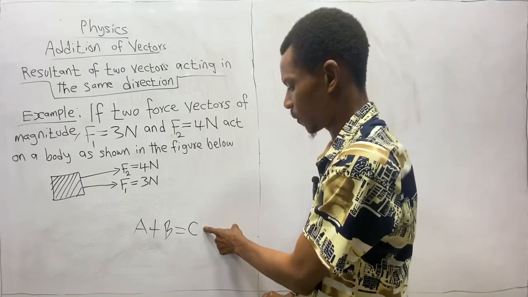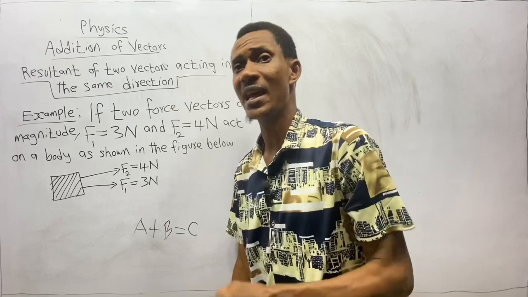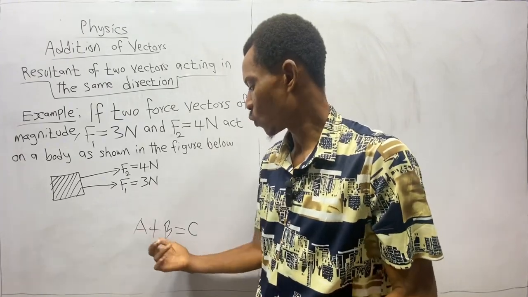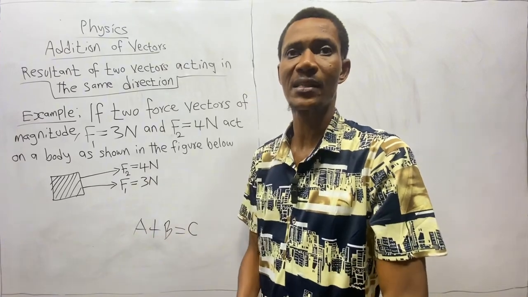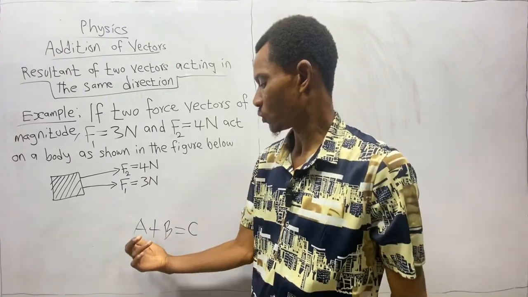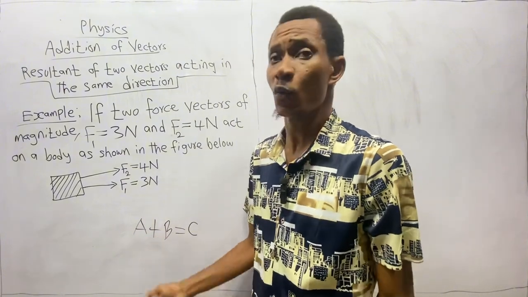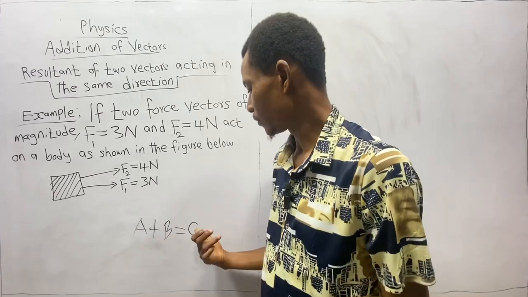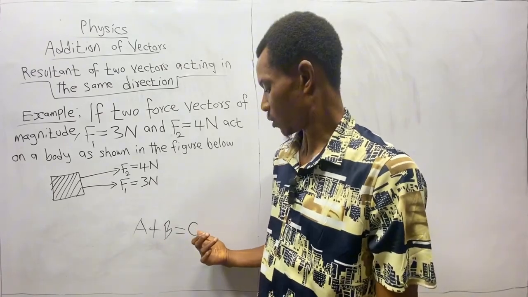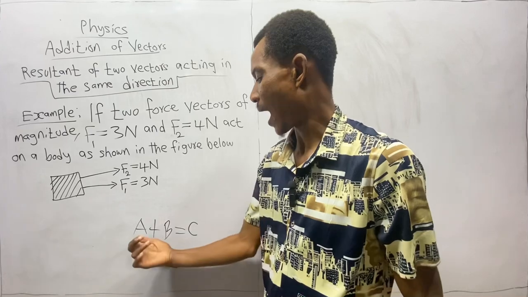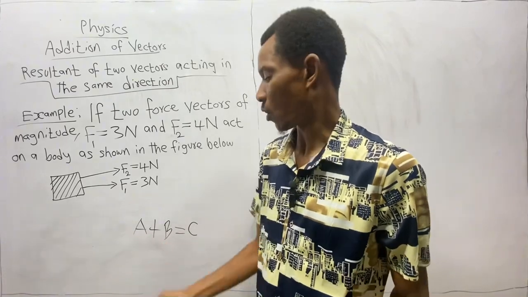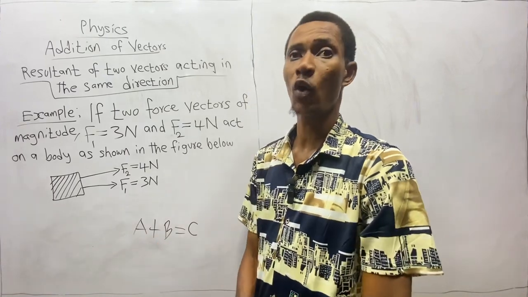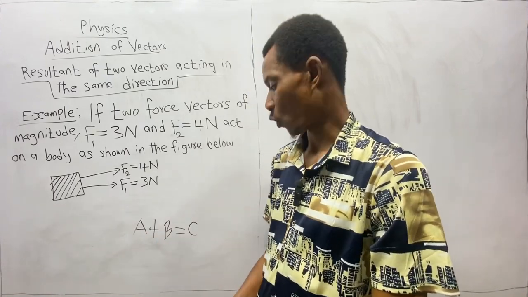Vector C. This vector C will have the same effects in magnitude and direction as these two vectors acting together. So the vector A and the vector B, which are the individual vectors that were added together to give this singular vector called the resultant vector, are called the components of the resultant vector. So A and B are seen as components of the resultant vector C.